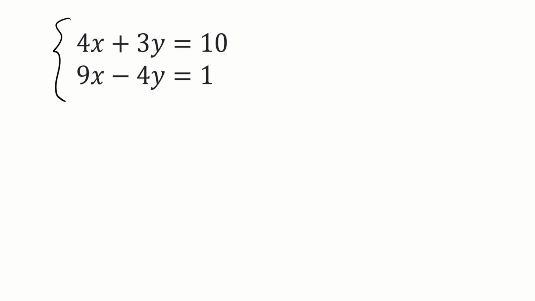What I'm looking at is I can see that my first equation has the term plus 3y, and the second equation has the term minus 4y. So what I might do is multiply this top equation by the number 4.